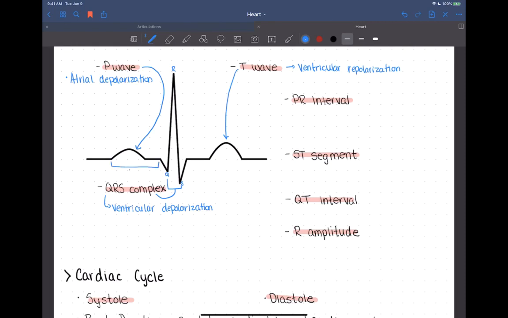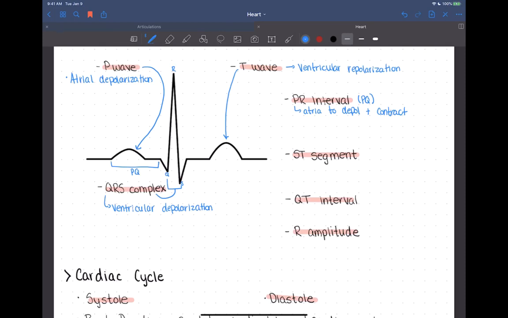That PQ or PR interval is going to be the time it takes for the atria to depolarize, and then we include this little section here because it also is the time for them to contract. So atria to depolarize and contract. That is the PR interval.